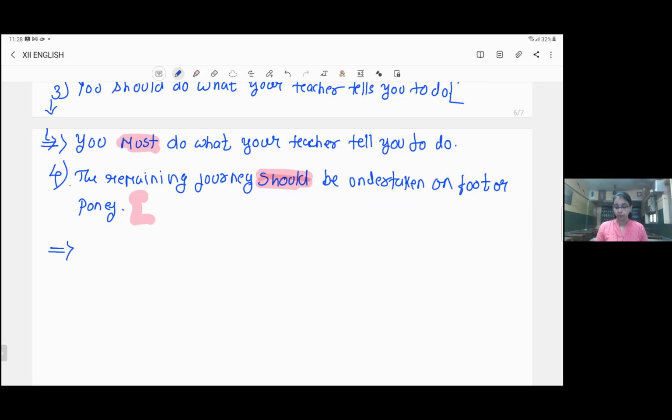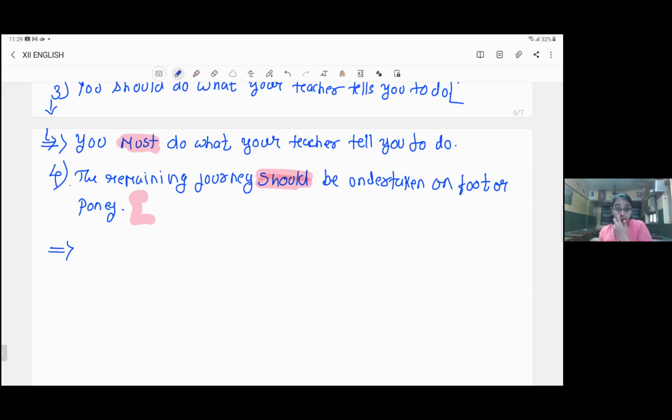Write down the answer. The should is showing the suggestion, right?